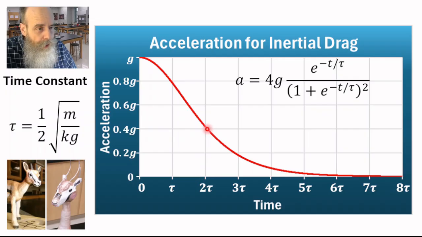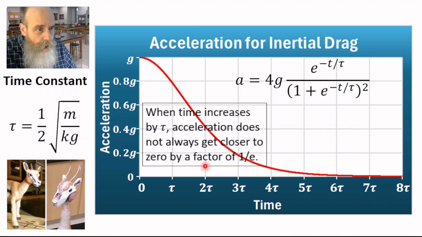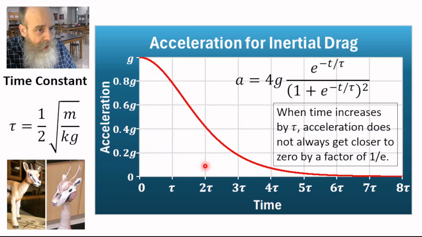If it was decreasing at 1 over e each time the time increases by the time constant, it would be at 0.14 g. So when time increases by tau, the acceleration does not always get closer to 0 by a factor of 1 over e. But it does when we're at very high times, such as times greater than 9 tau.